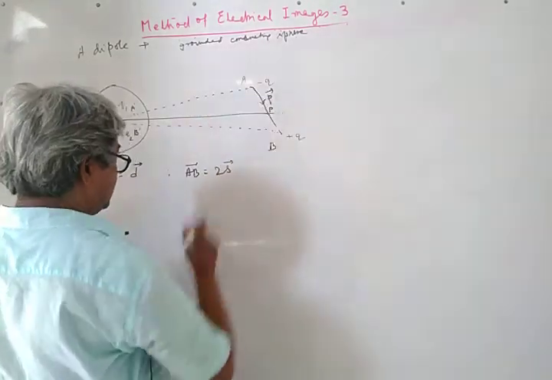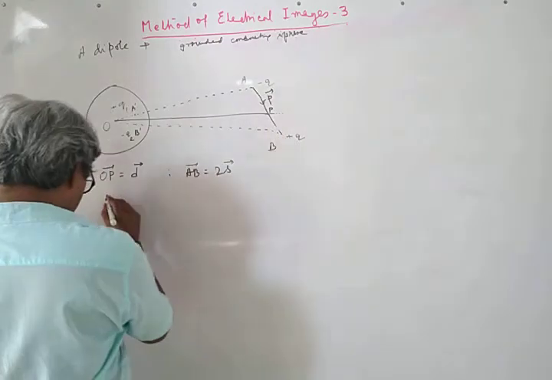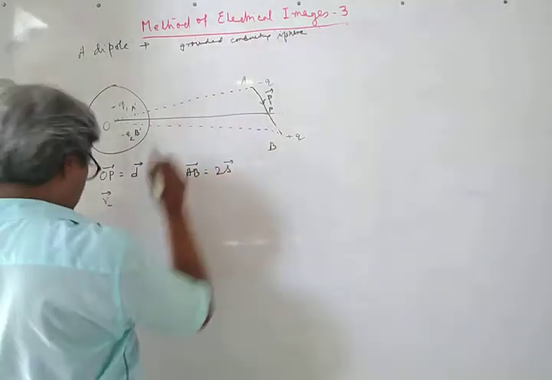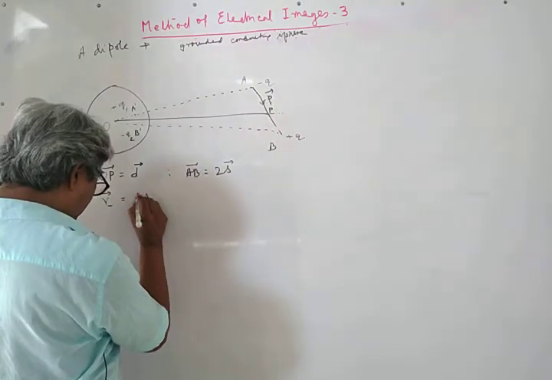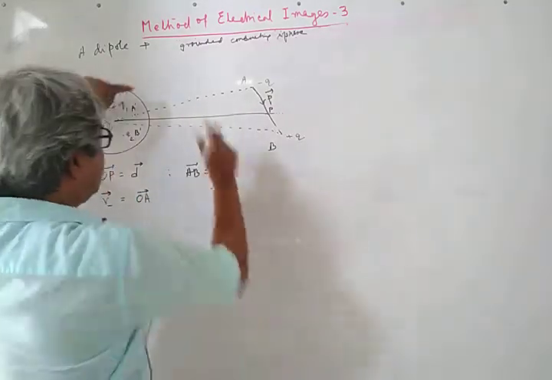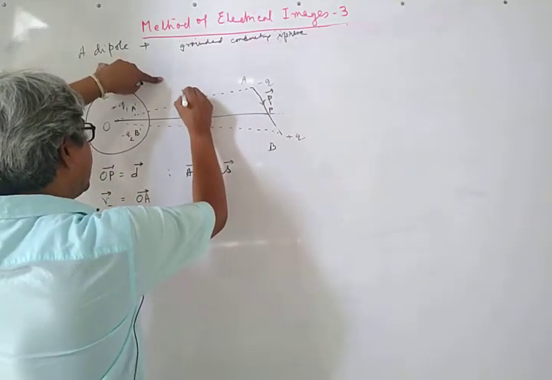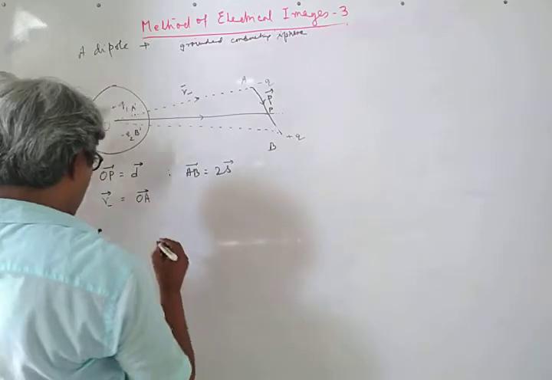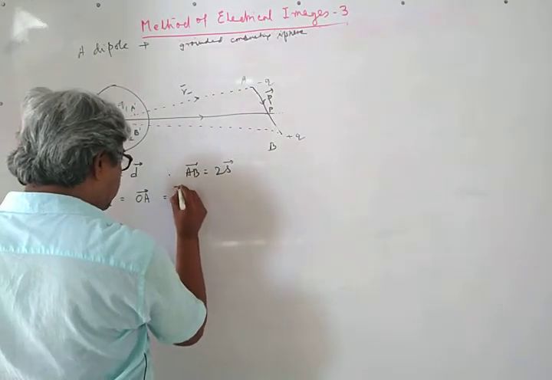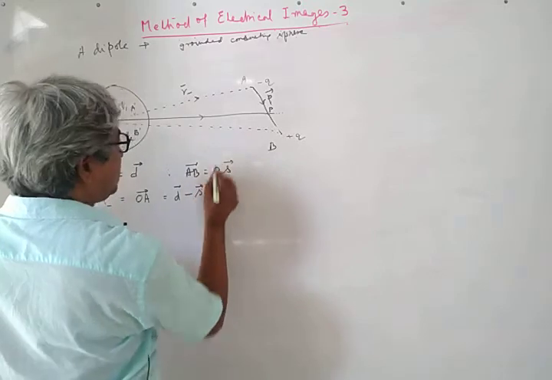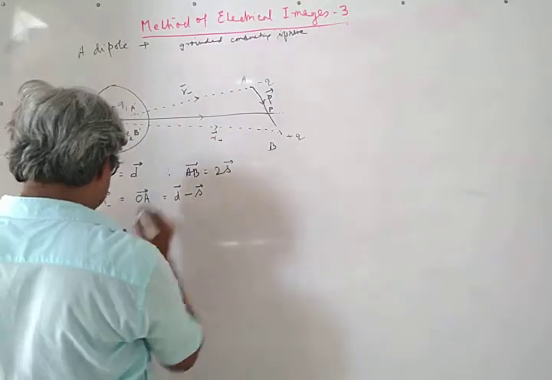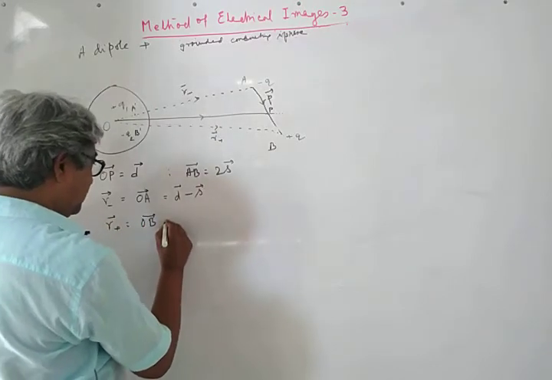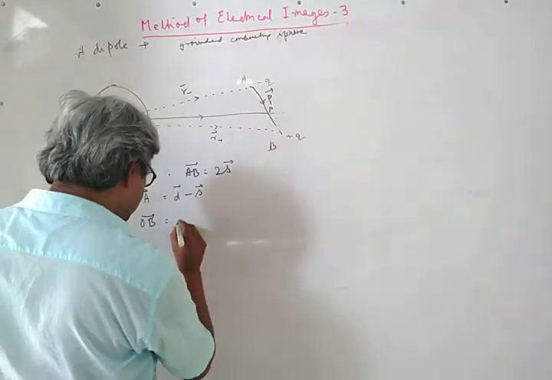So AP is S. If we look at R minus vector as the position of the negative charge, so this is OA, and this plus this is equal to D. So R minus vector is equal to D minus S. Similarly, this is R plus vector, OB is equal to D plus S.